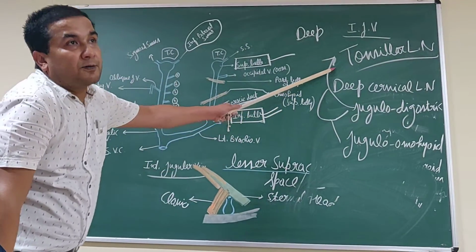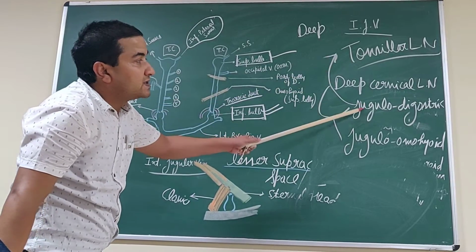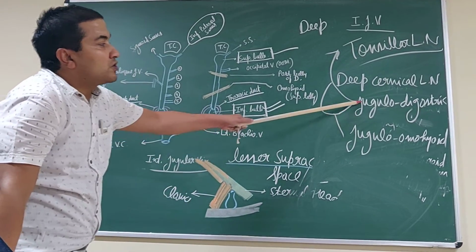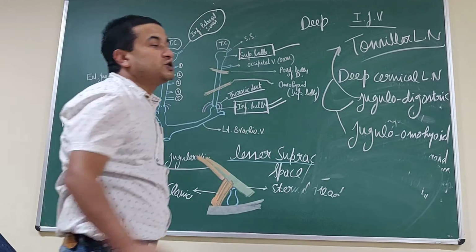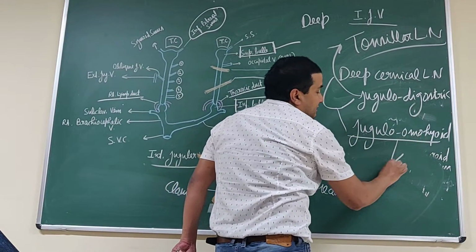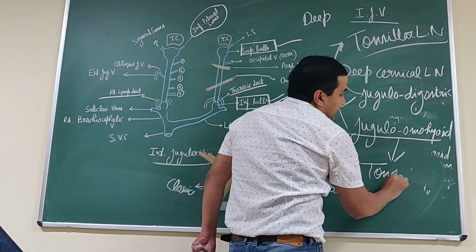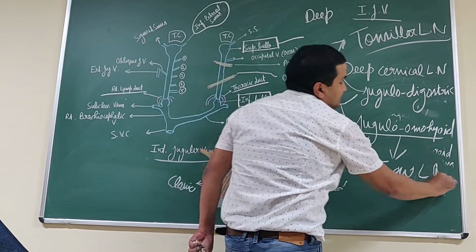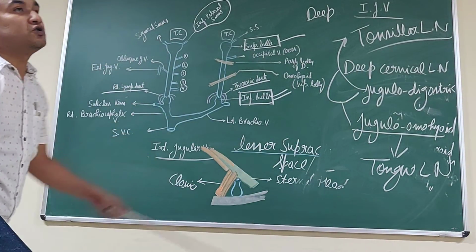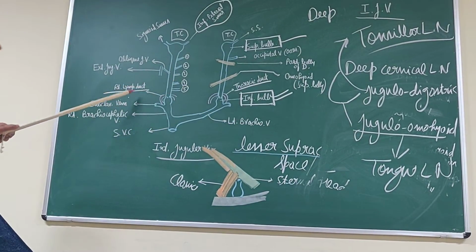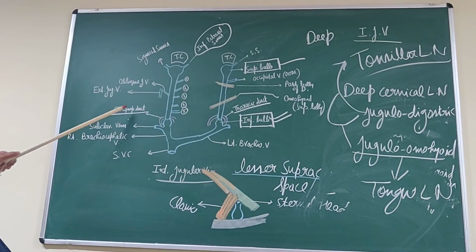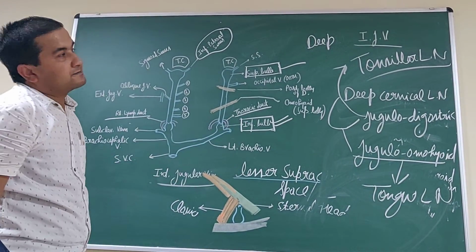The tonsil and some parts of the tongue drain into the jugulodigastric node. This ultimately drains into the jugulo-omohyoid node, the tongue lymph node. A major part of the tongue drains into the jugulo-omohyoid node, and from this it ultimately drains into either the right lymphatic duct or the thoracic duct.